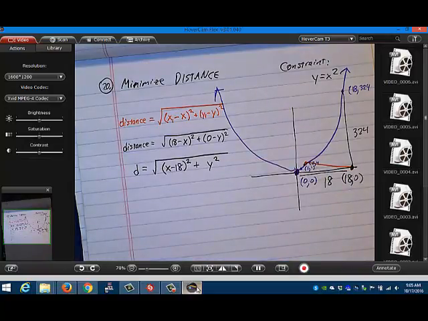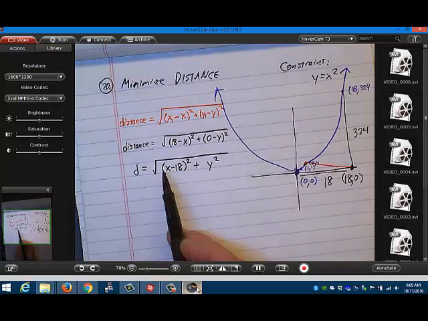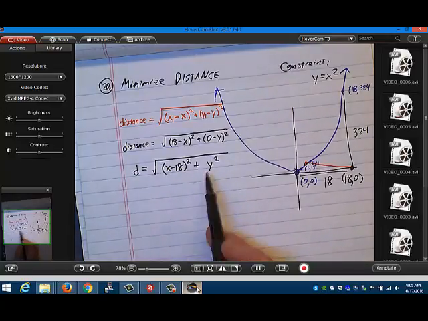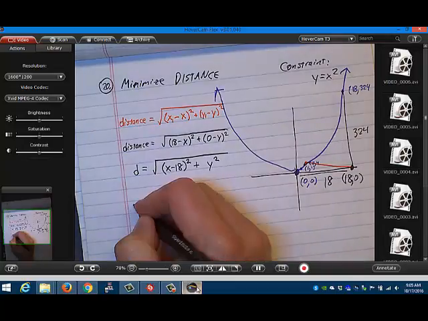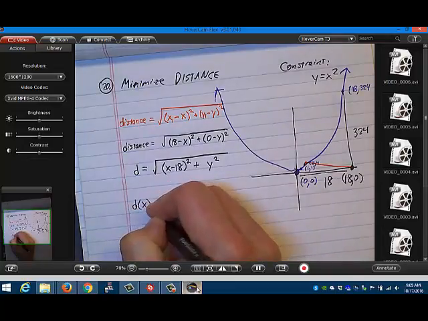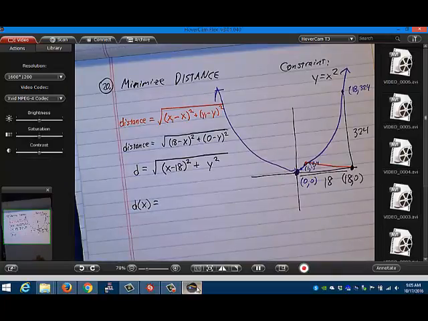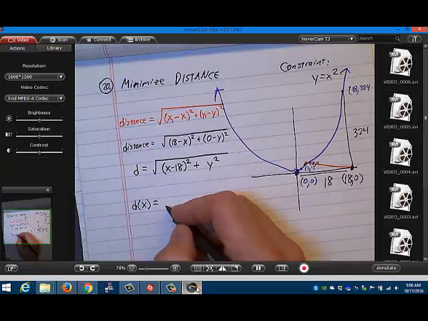Now, I'm still not ready to do calculus on this. Why not? Well, because I have how many variables? 2. What I'd really like to have is that d is just a function of x. So what am I going to do?